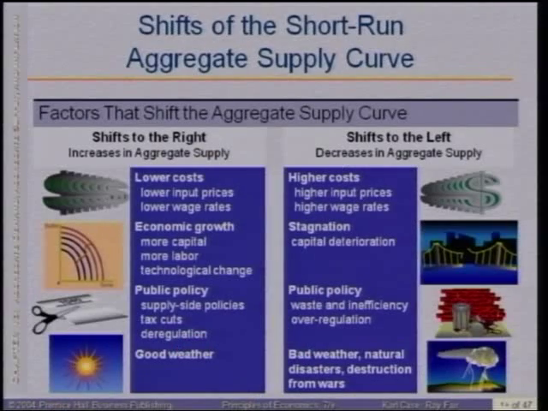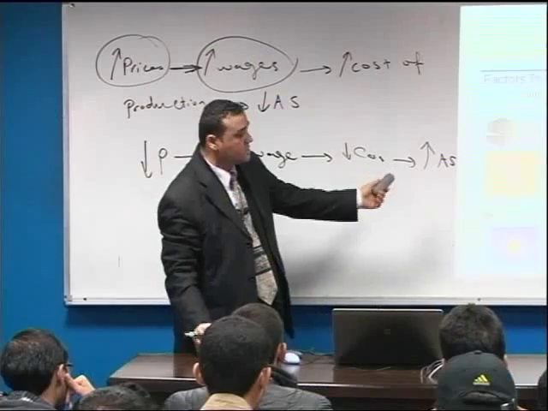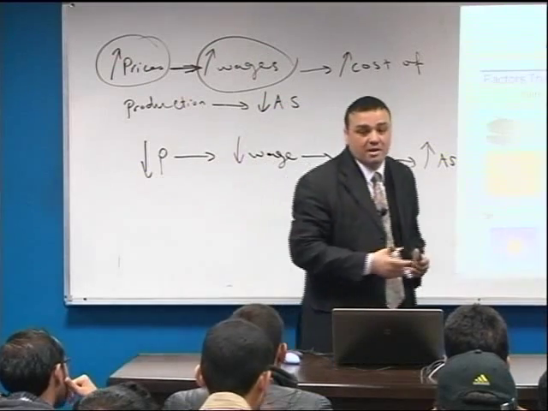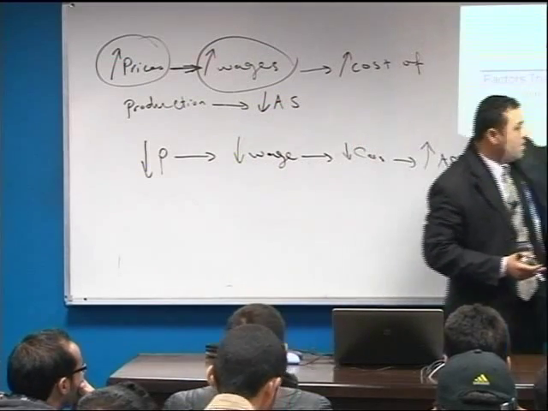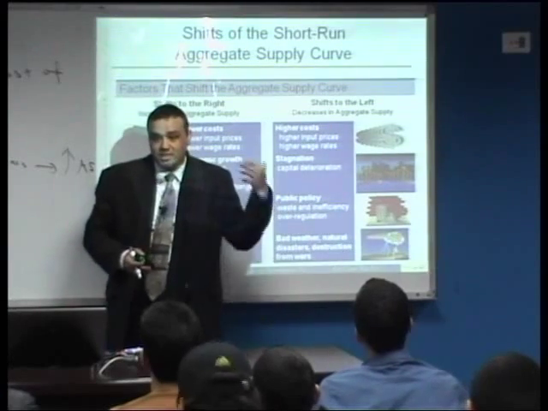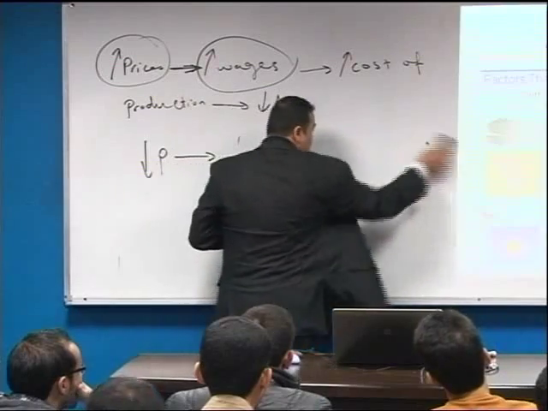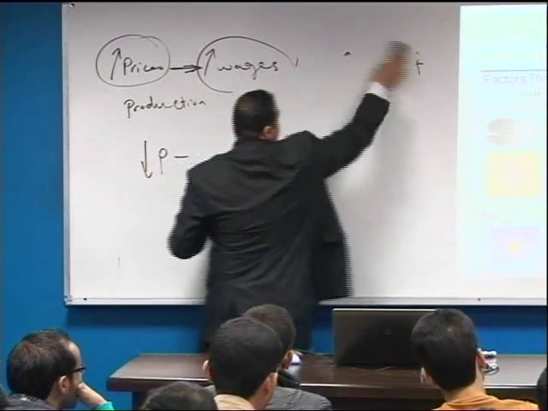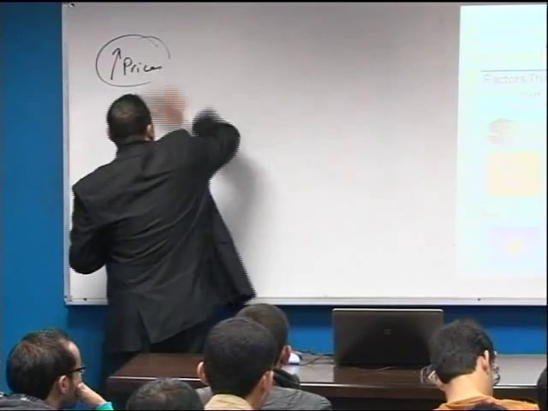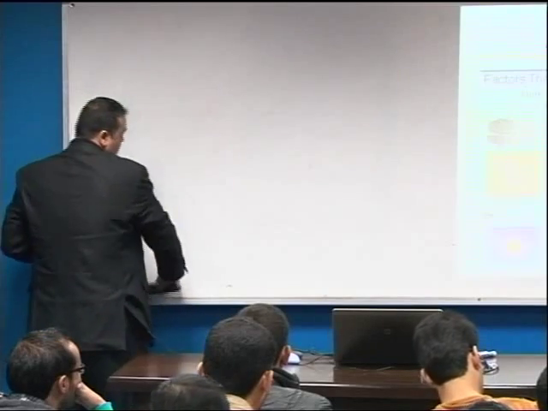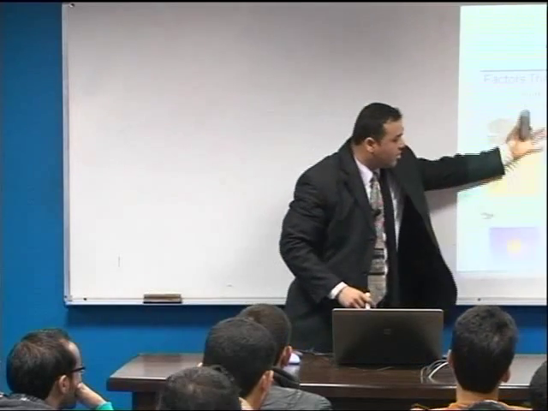Here you can see the main factors or variables that shift the aggregate supply curve to the right and to the left. So let's analyze them one by one. The first variable is the lower cost.